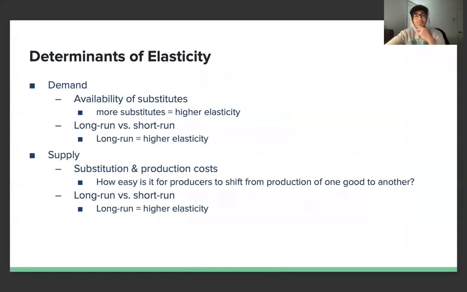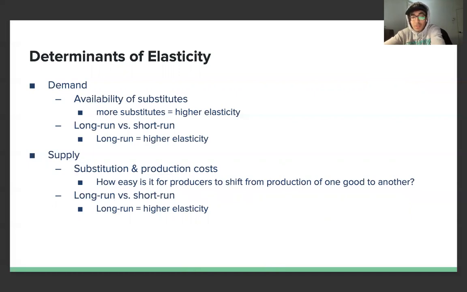Okay, let's move on to what determines elasticity on a subjective level. So for demand elasticity, if there are more substitutes available in the market for your good, the higher the elasticity of your good would be.